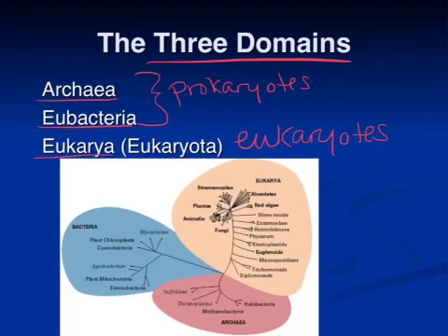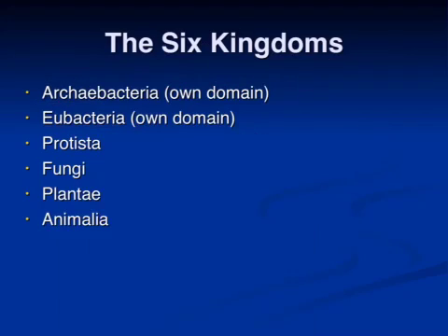So these are the big, broad classifications, really based on basic cell structure. And we can see those down here. So here are the archaea bacteria, the eubacteria, or true bacteria, and then all of these are the eukarya domain. We can see plants, animals, fungi, and the rest of these are all protists.